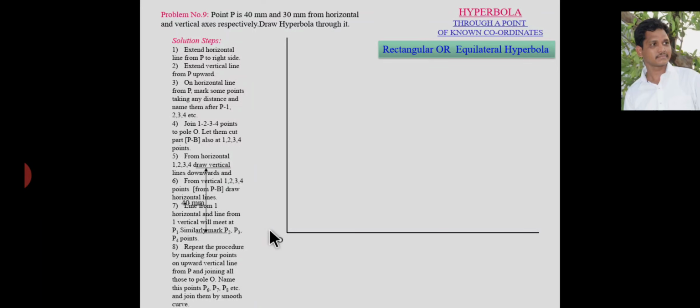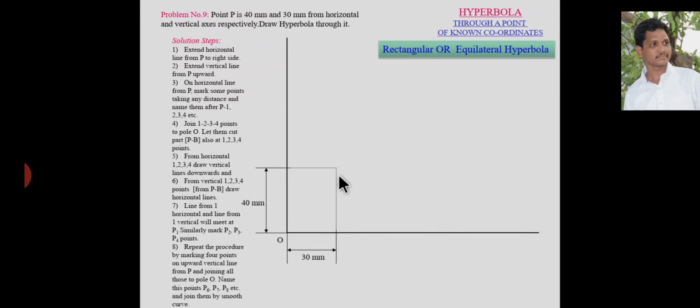So I consider a 40 mm distance from the horizontal axis like this and extend the line. Now I consider the 30 mm distance from the vertical axis like this, and extend this line.